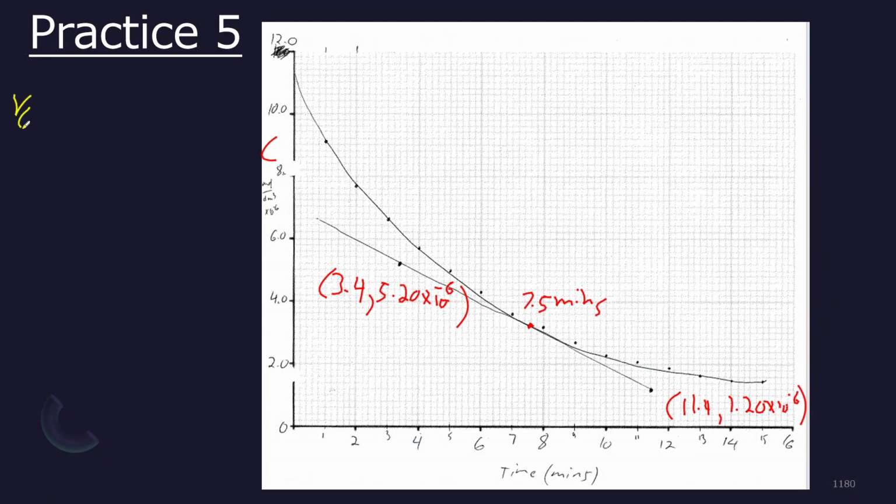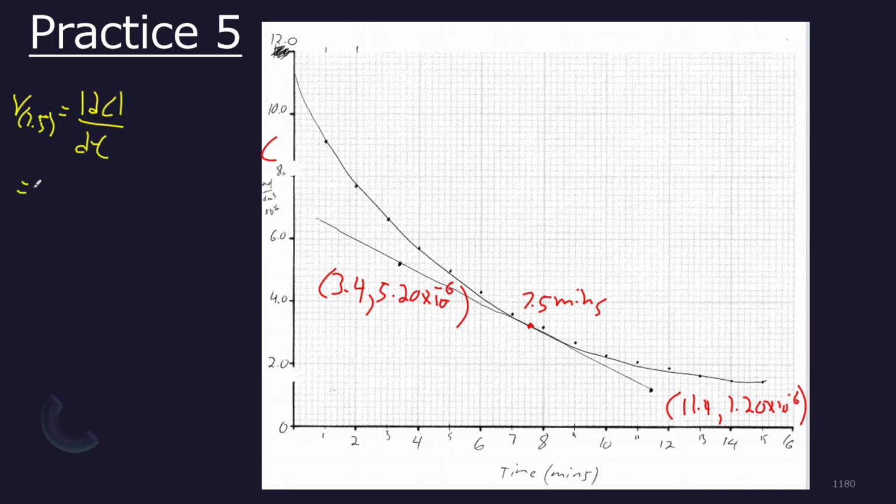So the rate at 7.5 minutes is the absolute value of the change in concentration over the change in time.